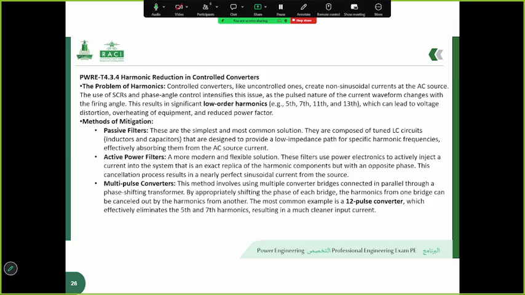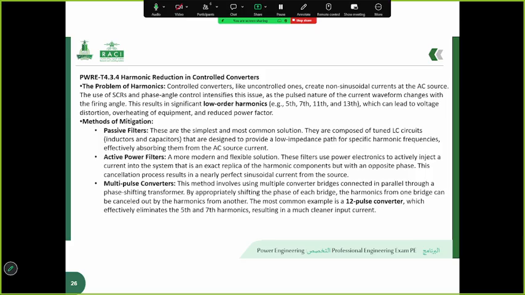Instead, they draw current in short, sharp pulses. This is due to the switching action of the thyristors or SCRs. These current pulses are rich in high frequency components known as harmonics, which can cause serious problems for the power grid, such as voltage distortion, equipment overheating, and reduction in overall power efficiency.